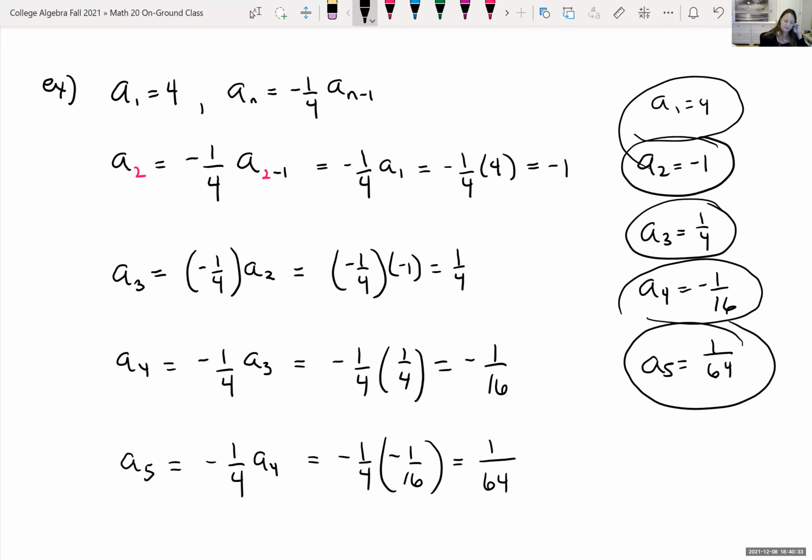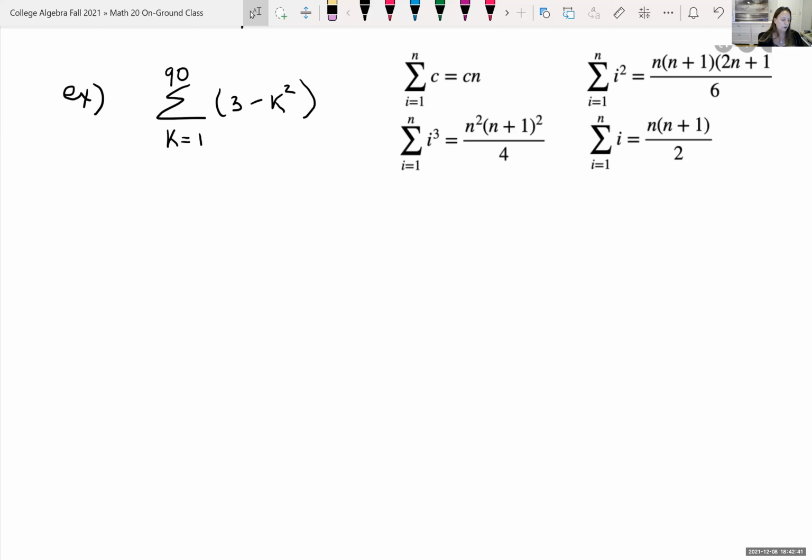Okay, so we just found the first 5 terms of a recursive sequence. So we're now trying to figure out what the sum of the sequence 3 minus k squared is from the first term all the way through the 90th term. There are properties of summations where we can break this down.